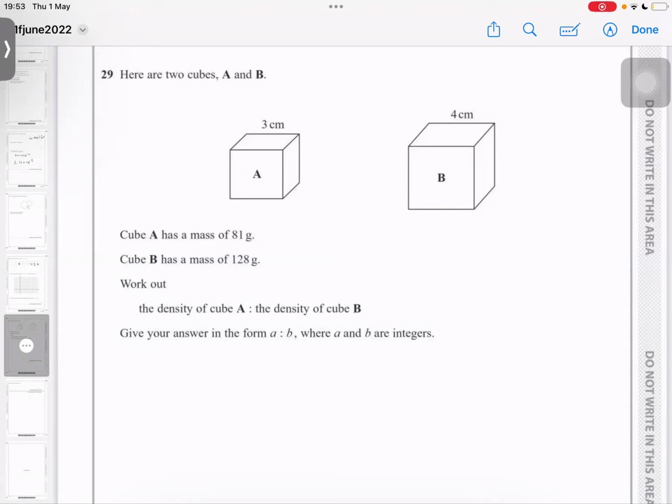So what is 3 raised to power 3? That's 3 times 3 times 3, isn't it? Yes. That's going to give us what? 27. Good, 27. And then for B, we have 4 times 4 times 4.